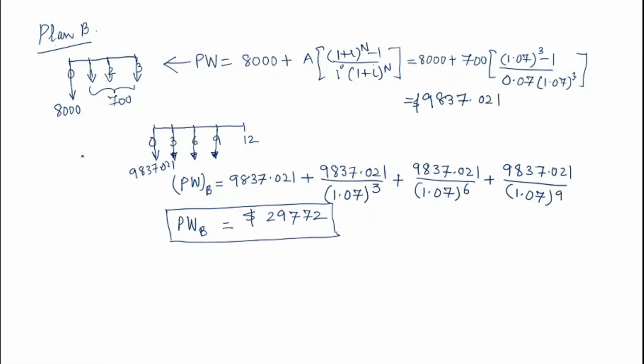On similar lines, if I draw it for plan C, the economic life is given as 4 years. Let me draw it for 4 years first. The first cost is given as $10,000, and then the annual costs are given as $500.